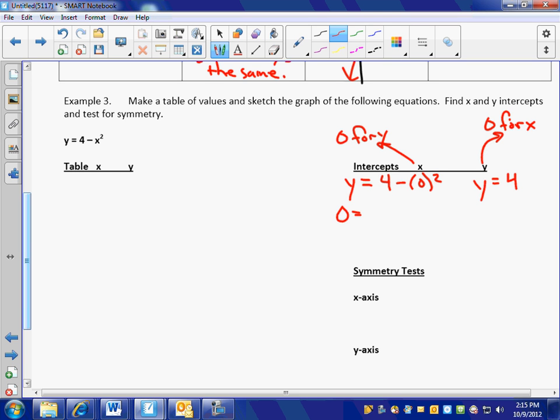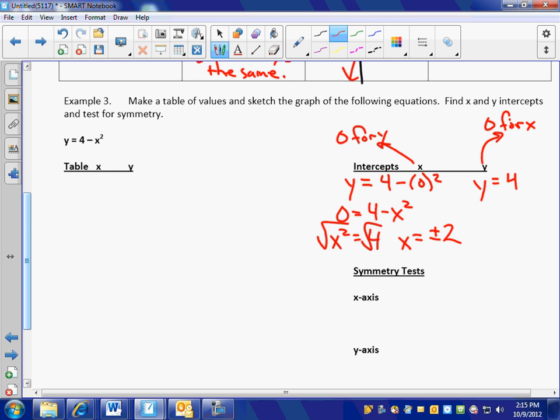Well, I'll plug in 0 for x, or 0 for y, excuse me, and I'll solve for x. So 4 minus x squared equals 0. How do you solve that? Okay. Danny would like to add an x squared, so x squared is 4. Square root both sides. X is plus or minus 2.